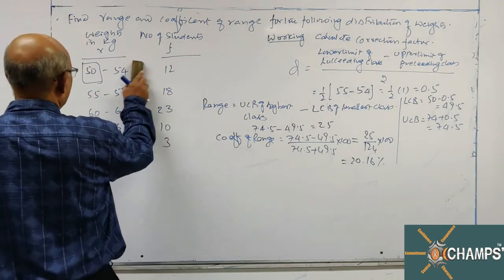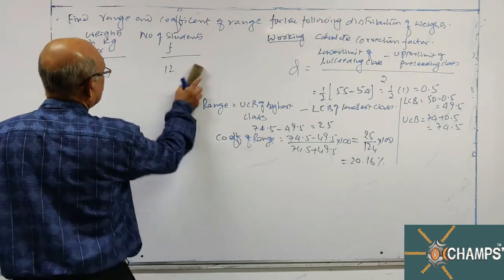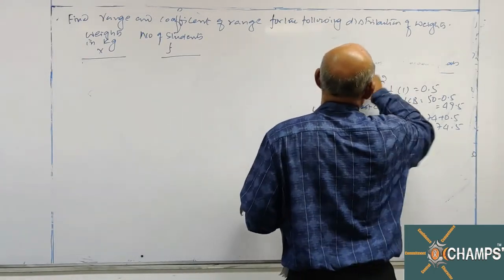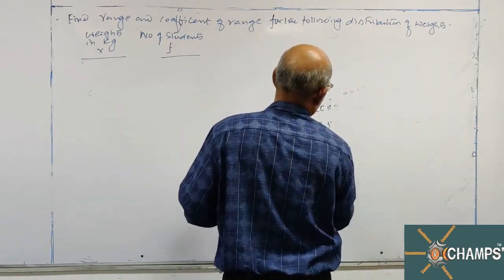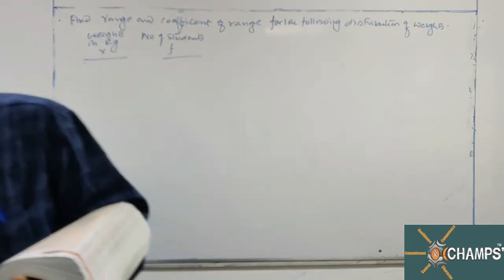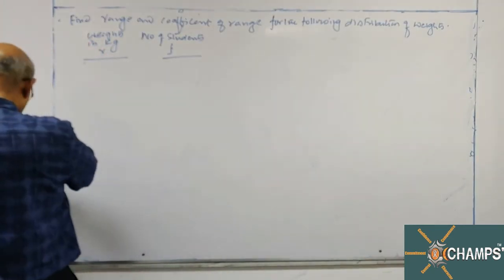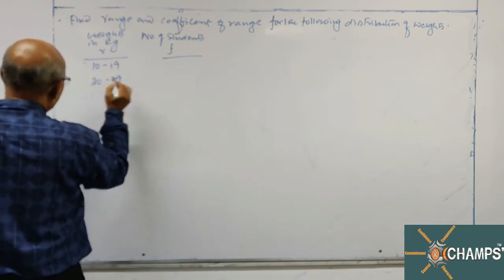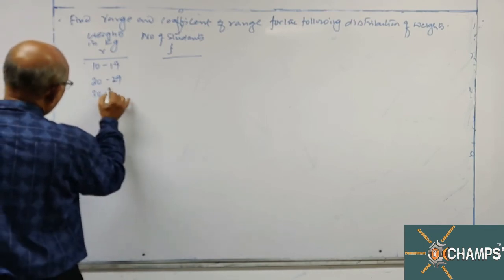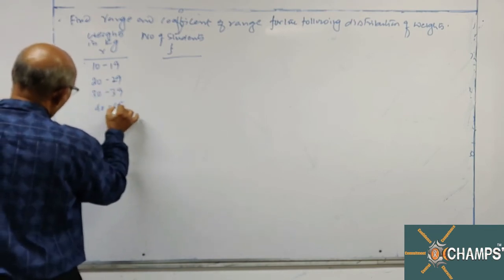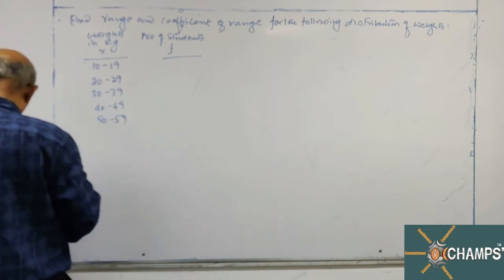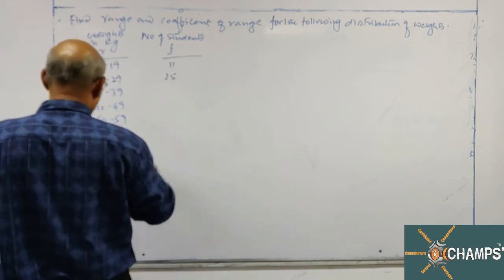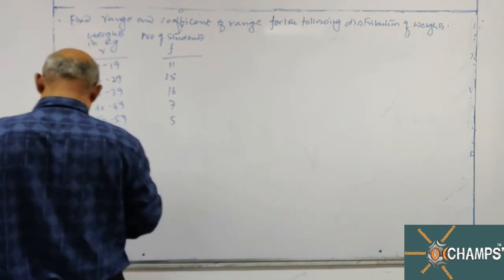Let me take up one more question. This is 10 to 19, 20 to 29, 30 to 39, 40 to 49, 50 to 59, with frequencies 11, 25, 16, 7, 5.